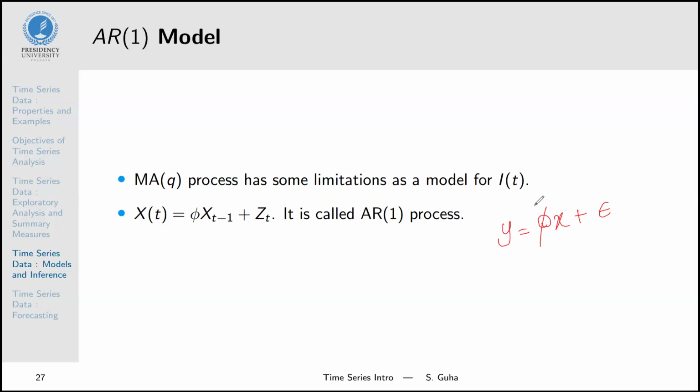This kind of equation we see in regression problems, where you have an independent variable x, a dependent variable y, and you are trying to estimate this phi. So that's why this is like a regression problem. Here, your equation looks very much like a regression formula.